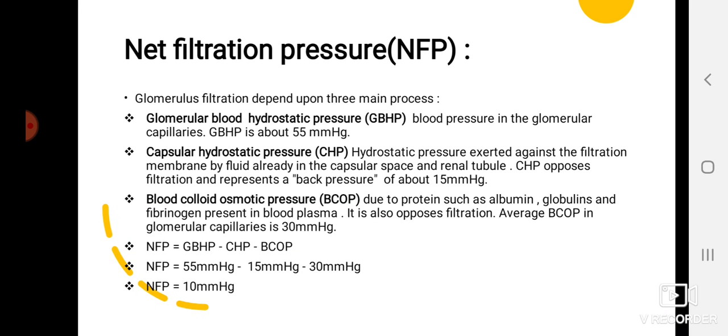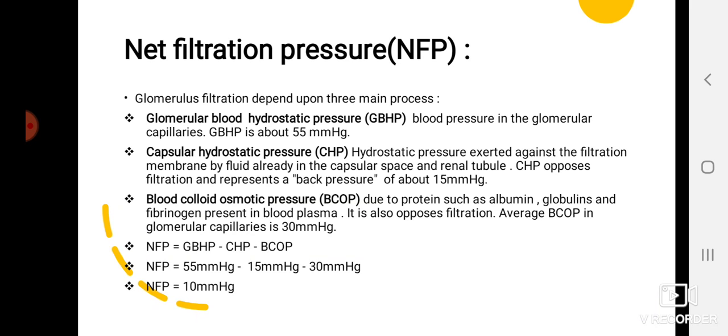And the third process is the blood colloid osmotic pressure. This is due to the proteins present in the blood plasma, such as albumin, globulin, and fibrinogen. This also opposes the filtration, and this blood colloid osmotic pressure is about 30 mmHg in the glomerular capillary.